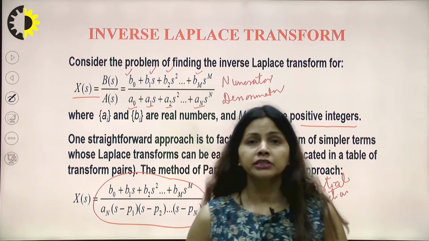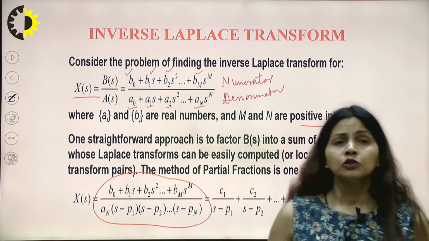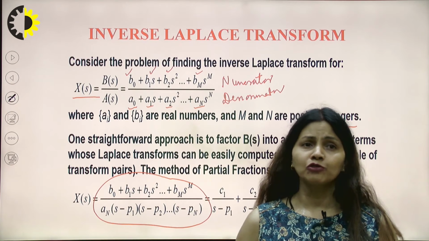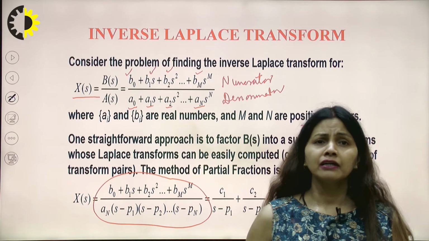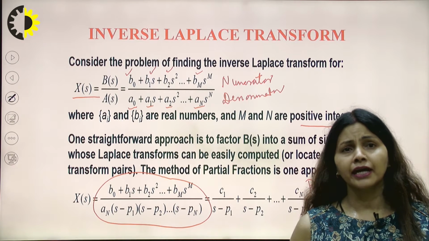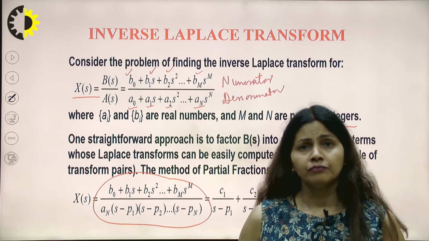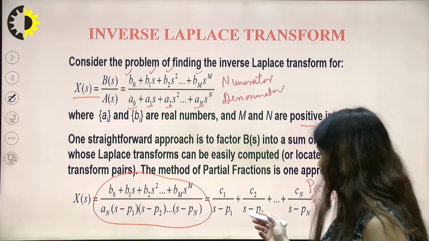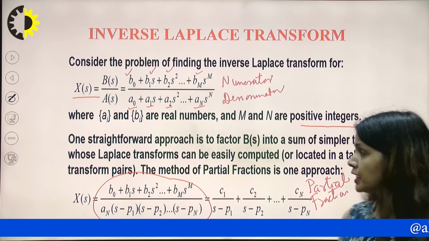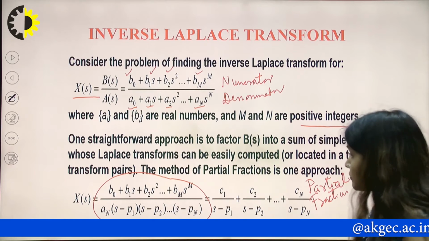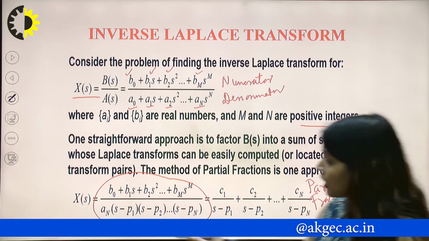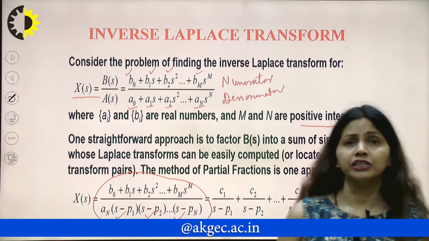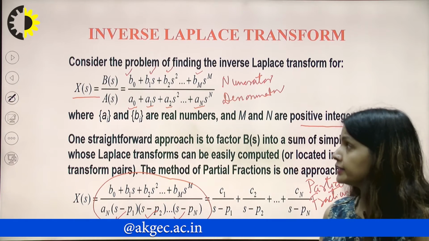A straightforward approach is to factorize it into simpler terms and calculate the coefficients, and hence we can get the poles in the form of s minus p1, s minus p2, up to s minus pn, and so on. So here we factorize this and then do the partial fraction expansion for the given X(s).